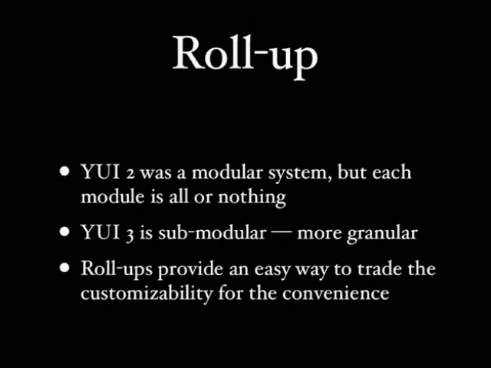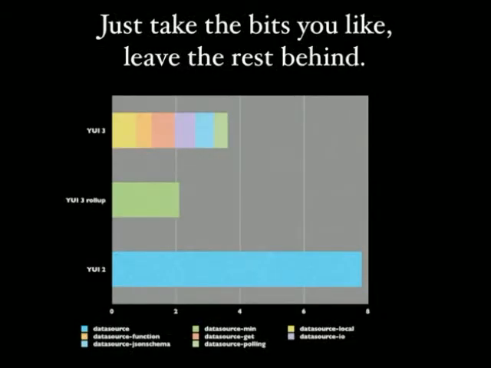There's a much greater degree of granularity to the things that you're pulling in with a use statement. The downside of this is, right, it makes it harder if you do just want the common use case. So rollups give you an easy way to trade that customizability for the convenience of being able to plug into it really easily. Just take the bits you like and leave the rest behind.